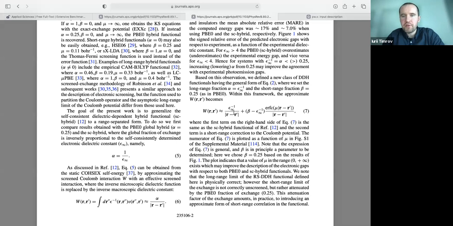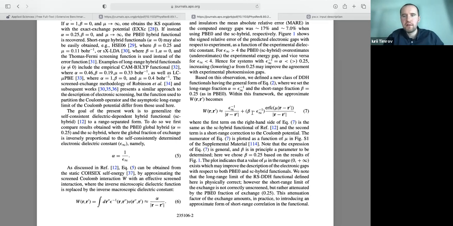Basically, the first term survives when R minus R prime goes to infinity, and in the limit when R minus R prime goes to 0, this term survives. I don't remember the details, I worked on this 5 years ago, but basically if you take the two limits, you should reproduce the expected behavior of the screening of the Coulomb potential.